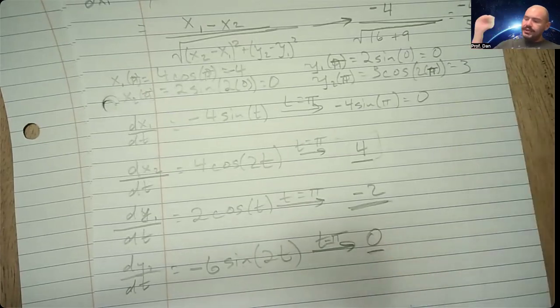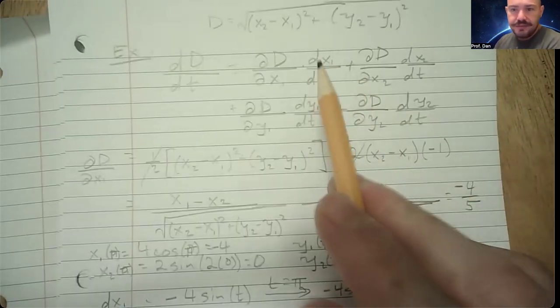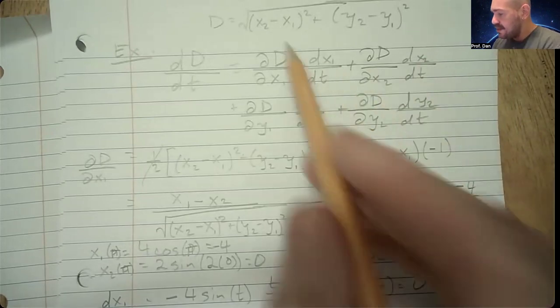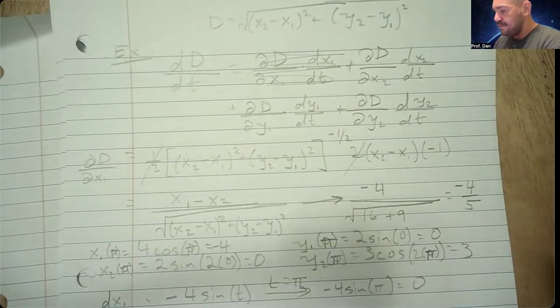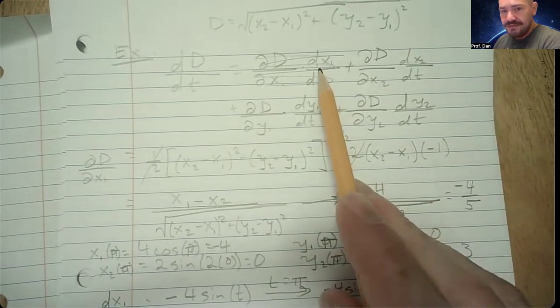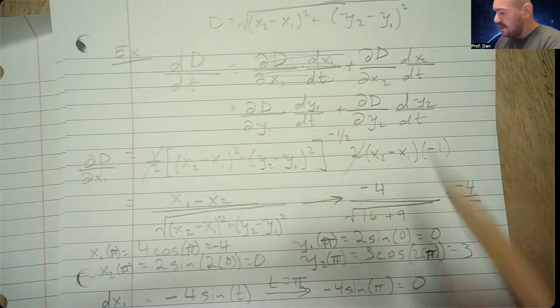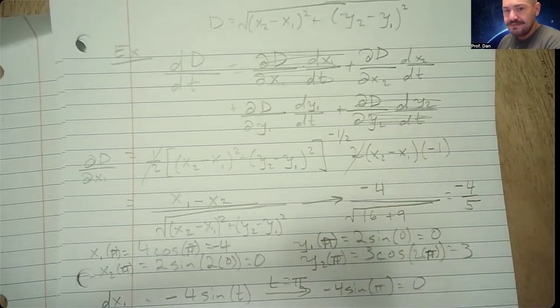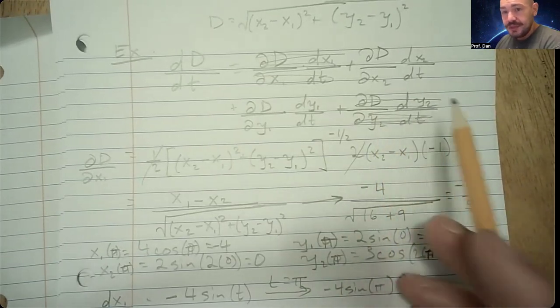So the point of going through and doing all of these first is if we look back at our chain rule here, we know that this term is going to 0 out because we're multiplying by 0. We also figured out that this term is going to 0 out because we're multiplying by 0.